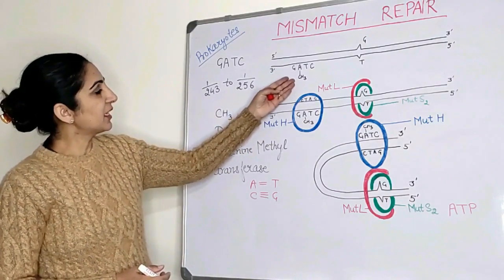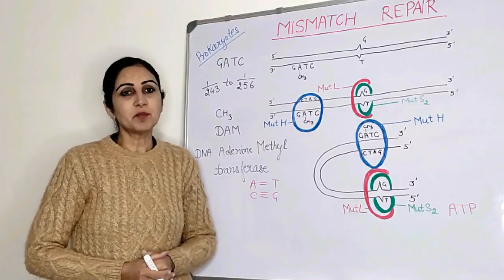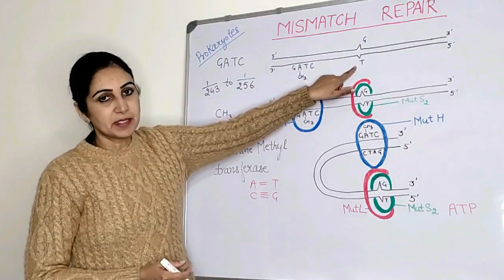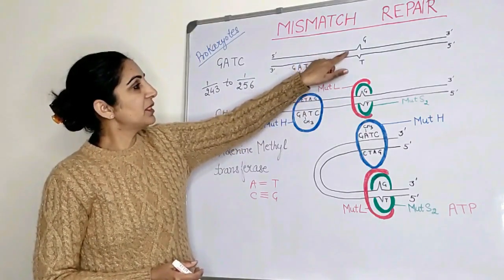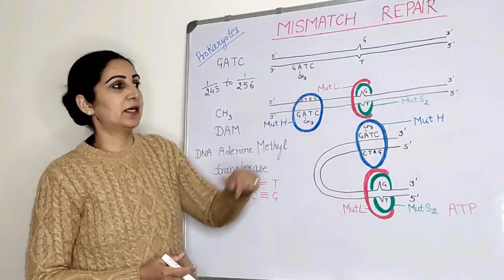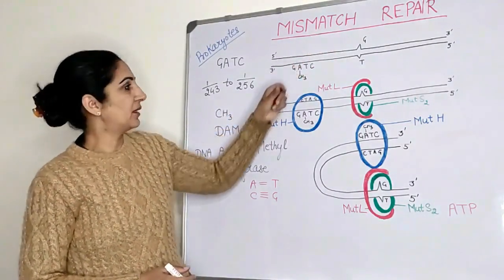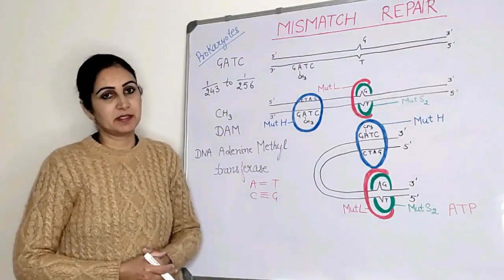These GATC segments play an important part in recognizing which strand is the parent strand and which is the mismatched strand, or the daughter strand, or you can say the complementary strand. So how is this done?